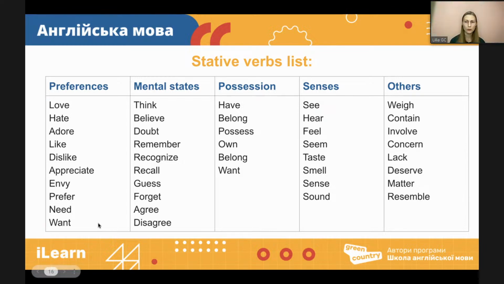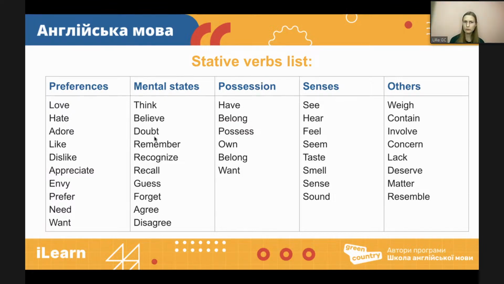For example, the ones that we were speaking about at the previous lesson, yeah? I adore, обожнюю, I appreciate, ціную, or I prefer, надаю перевагу. Envy, like заздрю. Need, потребую. Also, it's all about mental states. So if you have any questions, you can ask me, like the word and the question mark, I'll translate it.